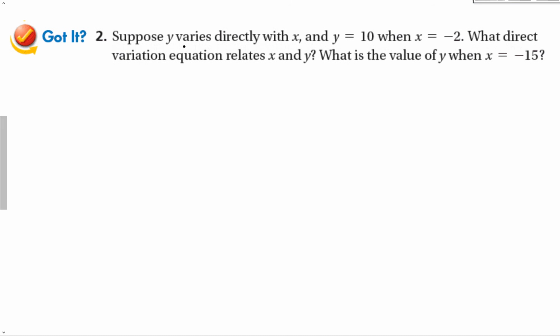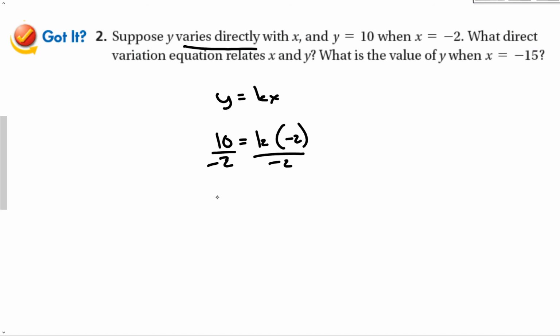Suppose y varies directly with x, so I know my equation is y is equal to k times x, and y is equal to 10 when x is equal to negative 2. Divide out the negative 2 from both sides, and we have that my constant is equal to negative 5.